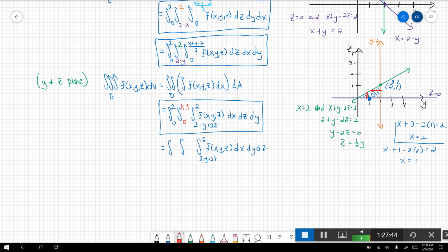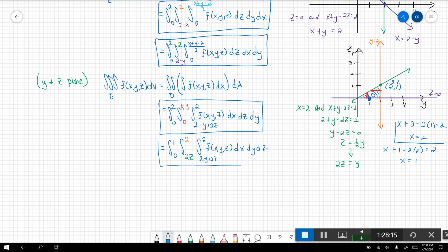So what I need to do is solve this for y. So solving this for y, this means that y is equal to 2z. So that's going to go from 2z up to y is equal to 2. And then these horizontal heights are going to change when the z values go between 0 and 1. And here's our different integral.